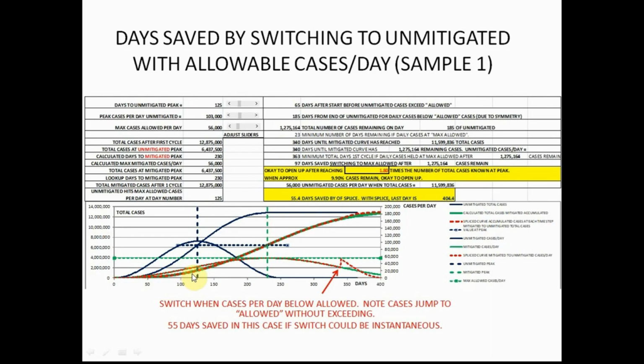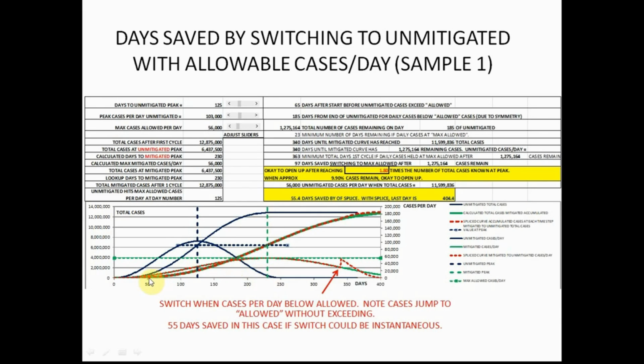The total number of cases continually rises. The blue curve is the fastest rise because it's the unmitigated, and here's the cases per day unmitigated.